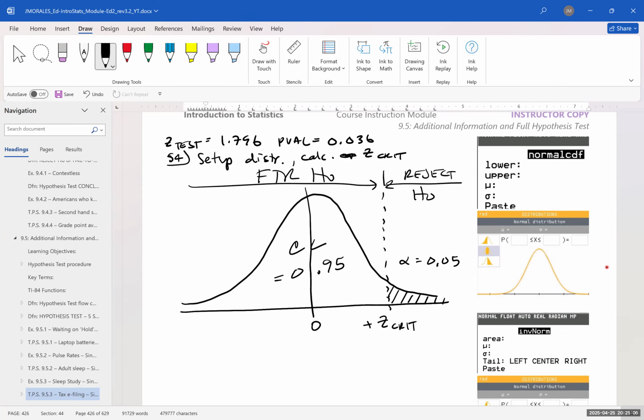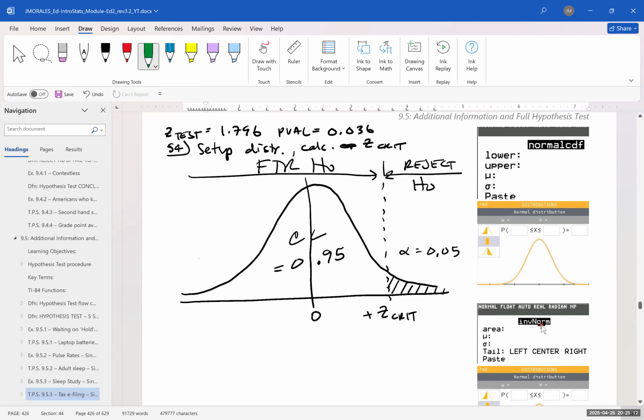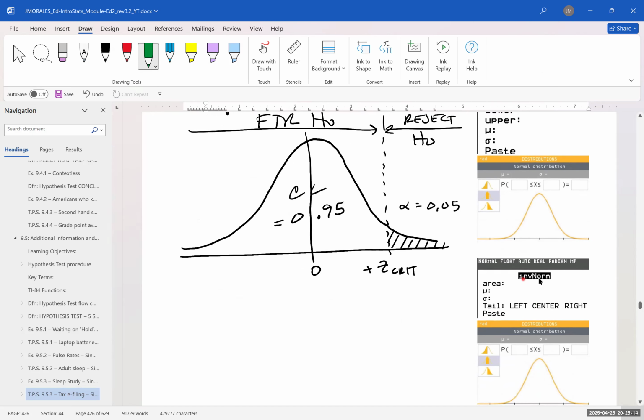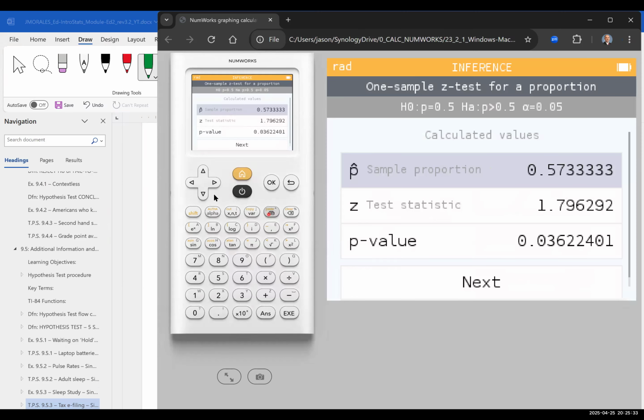All right, so to calculate this critical value, we need to use an inverse norm function because we're dealing with a normal distribution. Because I forgot to write these in last time, let me go ahead and do that. So let me click home on the NumWorks.